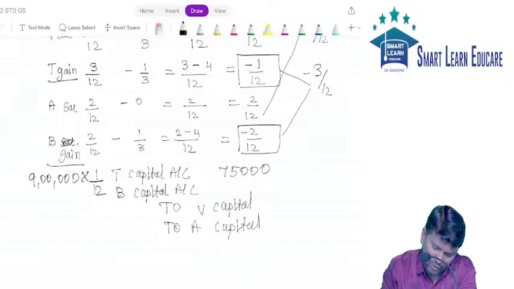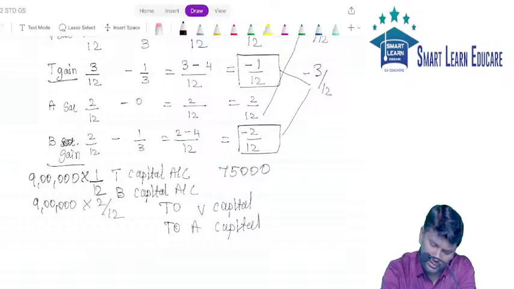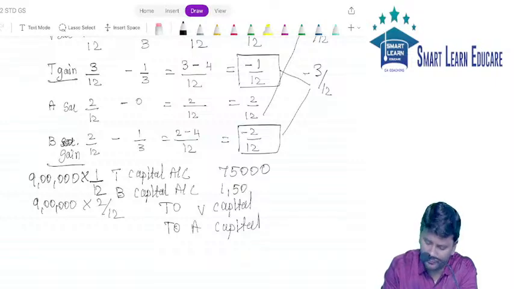Same way, B oda capital 9 lakhs into 2 by 12. 1 by 12 is 75,000. Appa 9 lakh into 2 by 12 will give you 1,50,000.